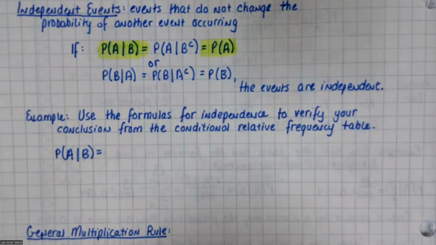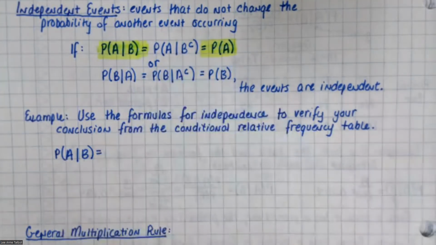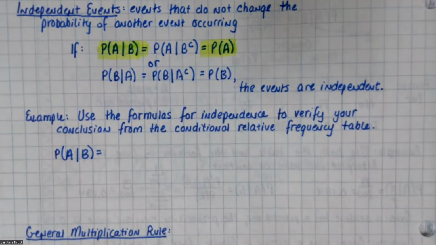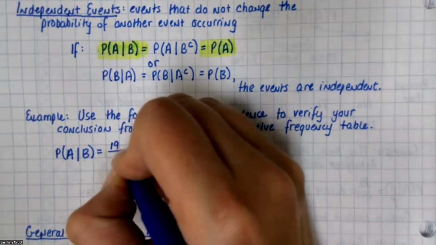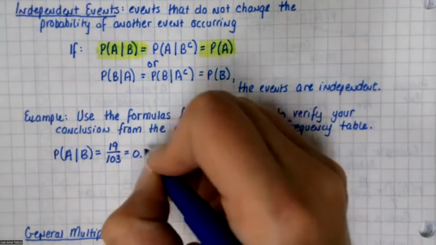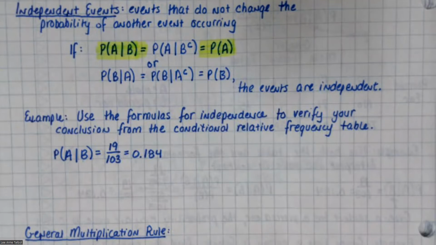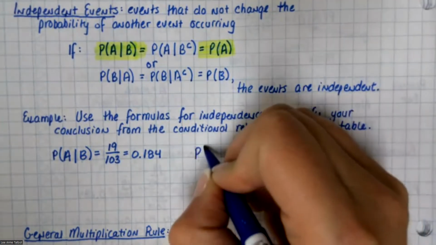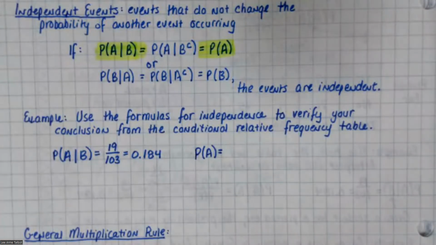Okay, what is it? Yeah, okay, so 19 over 103 is 0.184. You found that? Okay. Now we're gonna see if that's the same thing as the probability of A.